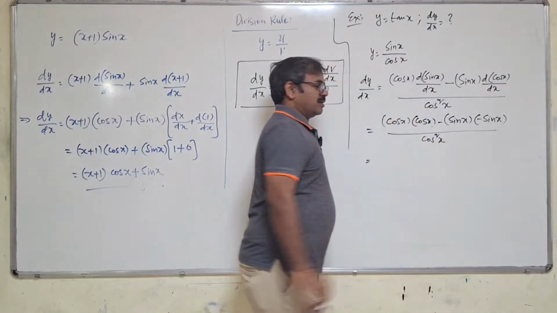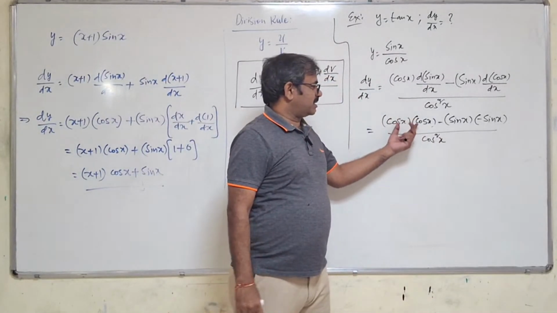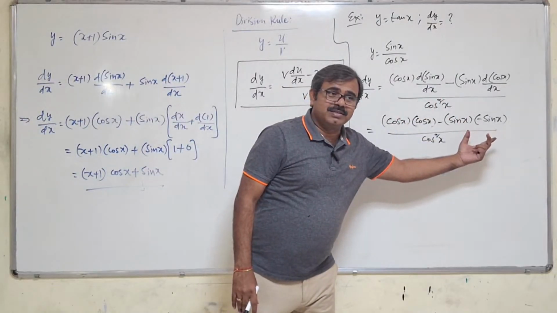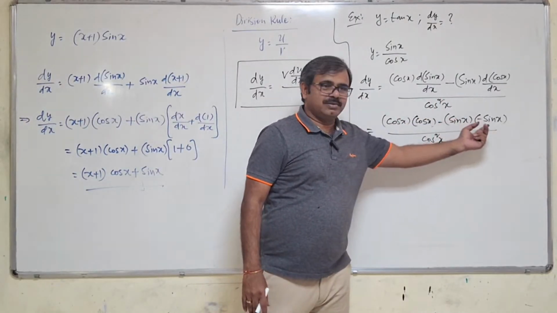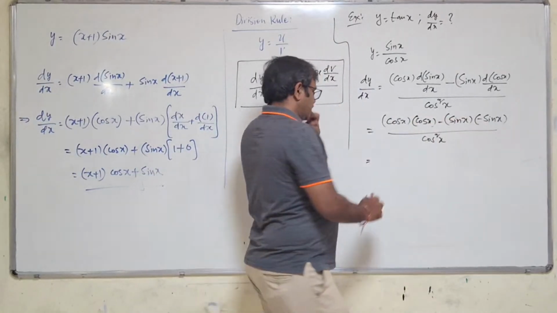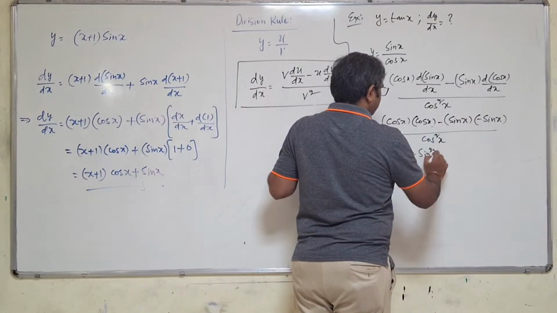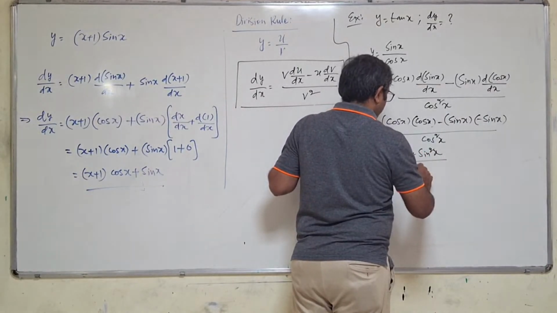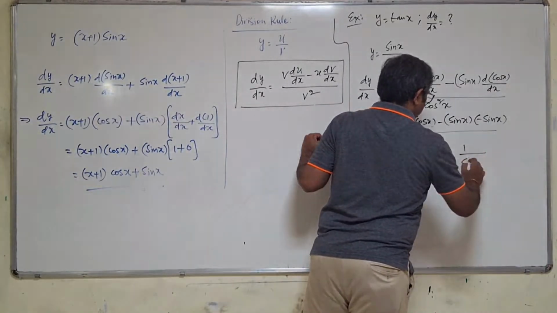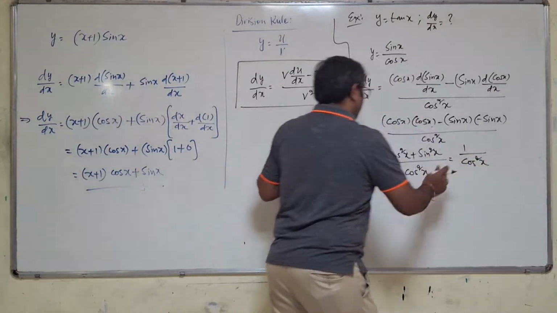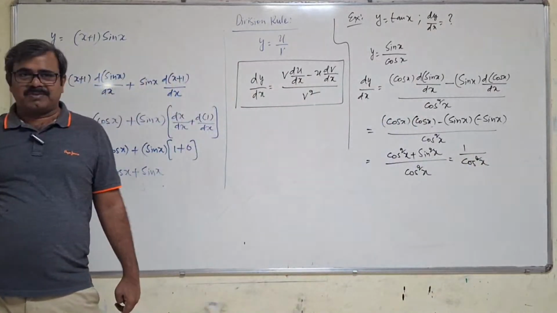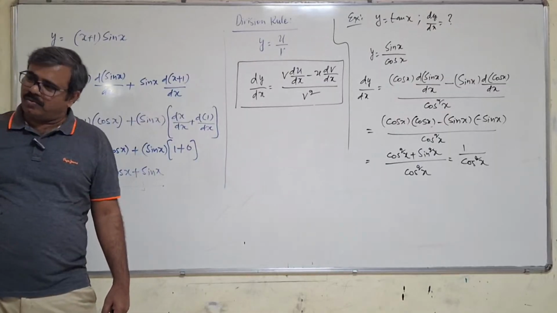So look at the numerator. Cos square x plus sin square x. Is it plus or minus? Plus. So here you have cos square x plus sin square x by cos square x. You know the identity, right? Cos square x plus sin square x is equal to 1.